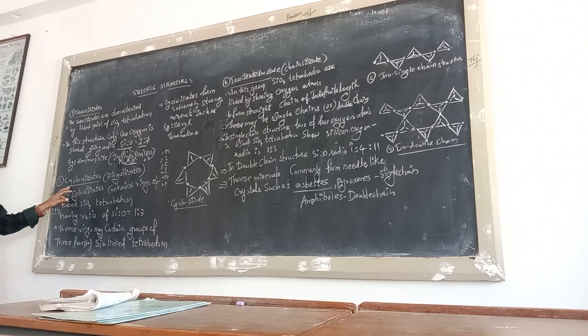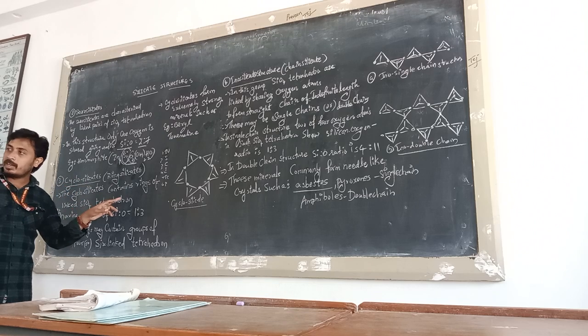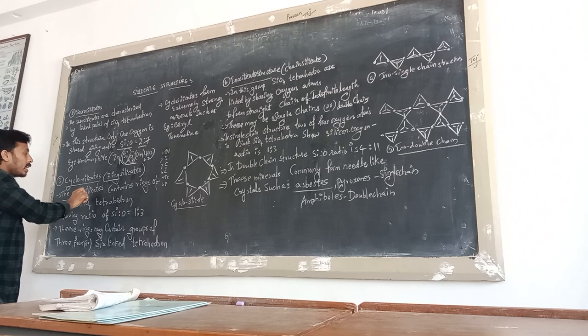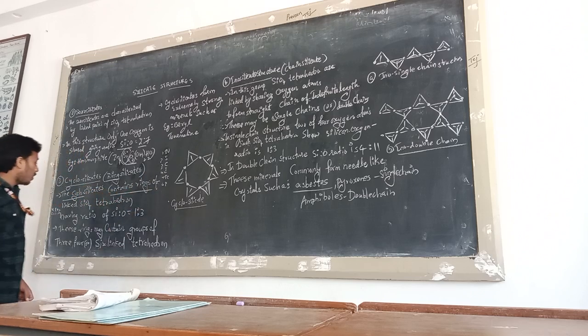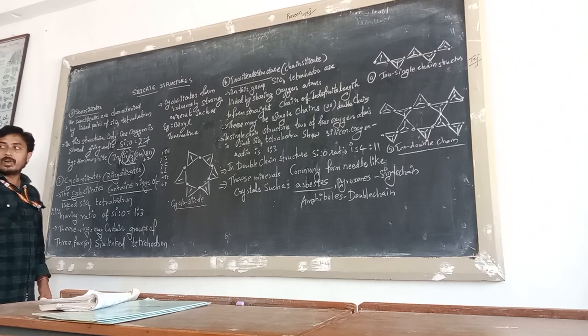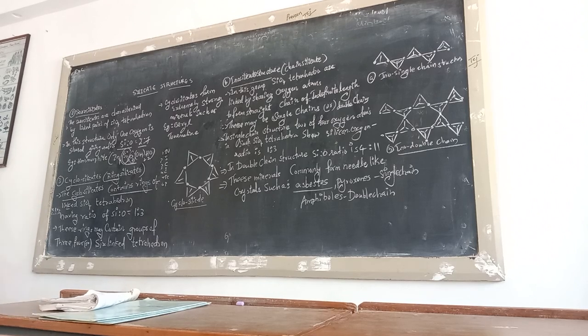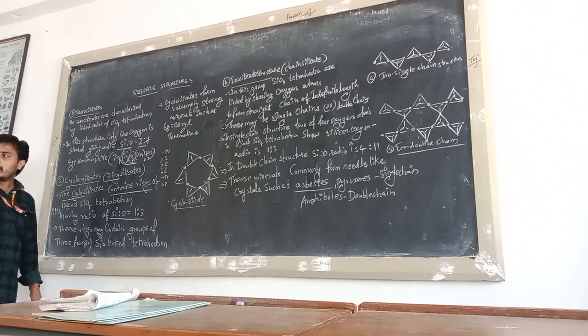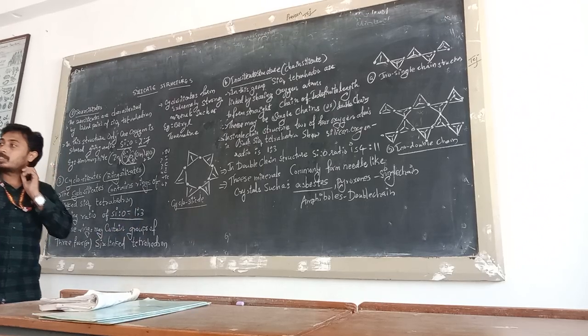Another one, the third type, is the cyclosilicates. Cyclo means ring. So cyclosilicates contain rings of linked SiO4 tetrahedra. In this, the silicon to oxygen ratio is 1 is to 3. One silicon is sharing 3 oxygen atoms.